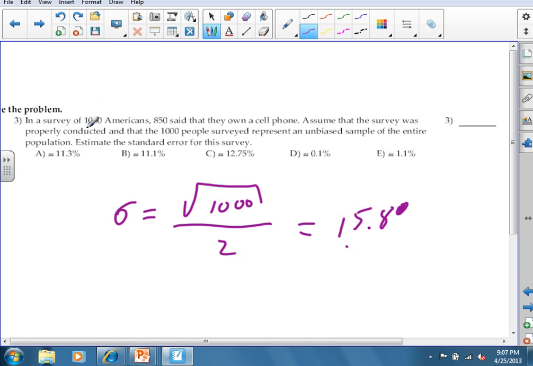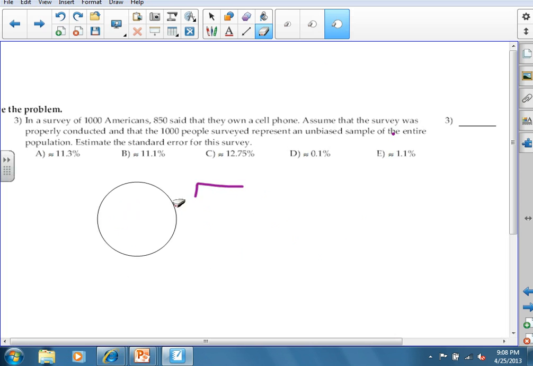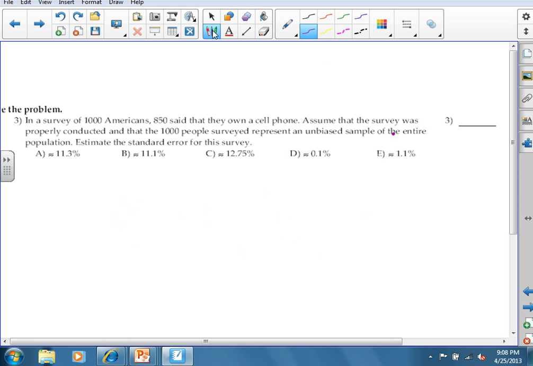The survey said 1,000. Assume the survey was properly conducted, representing an unbiased sample of the entire population, the standard error. Okay, that has nothing to do with it. But neither did any of the transparencies we looked at. Darn. So much for the transparencies author.